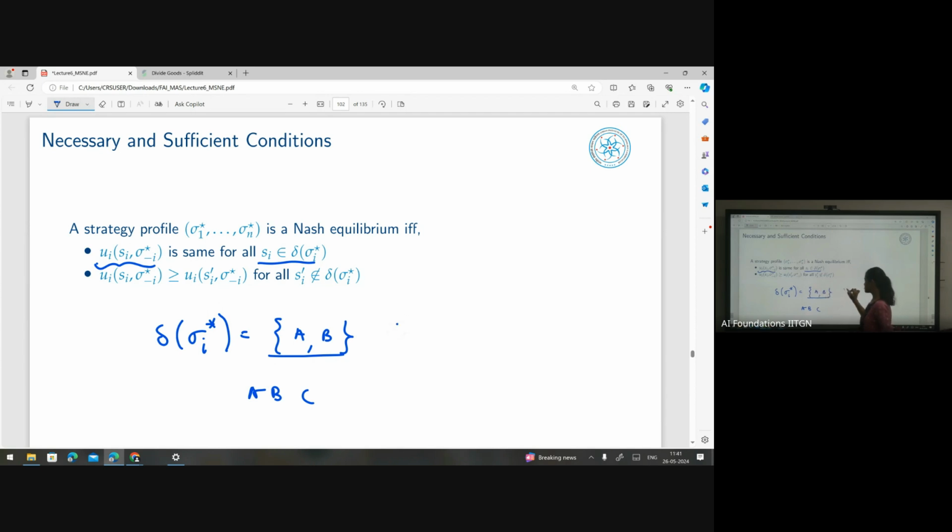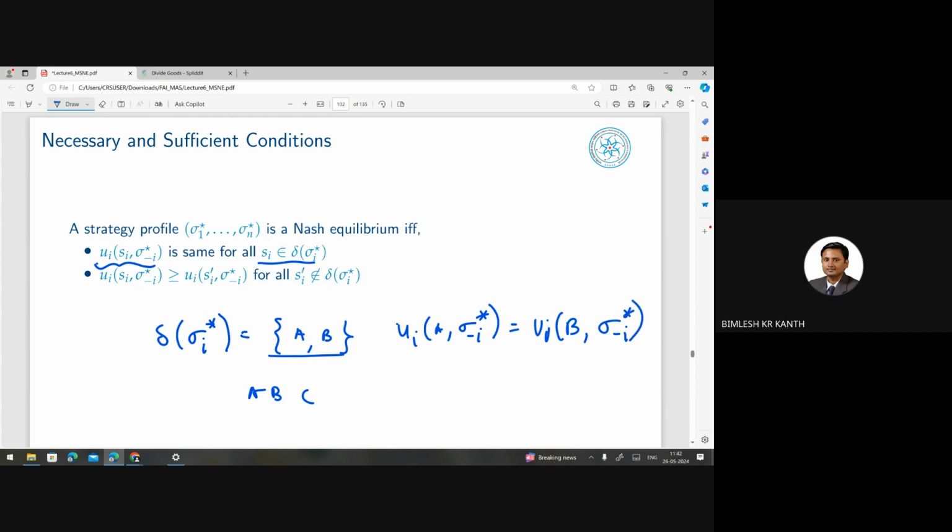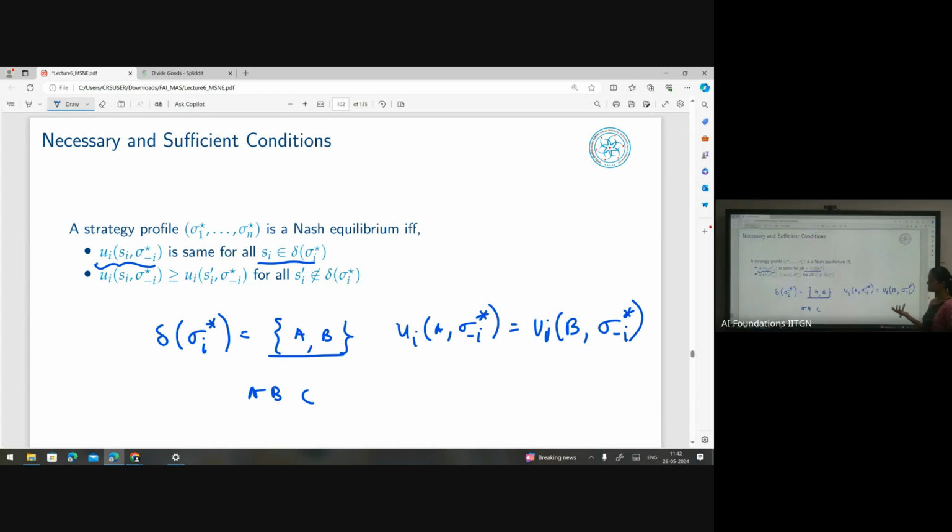That means the utility that I get when I play A, given that everybody else is playing sigma minus i star, is the same as the utility that I get when I play B, given that everybody else is playing sigma minus i star, even though their probabilities could be different. The fact that I'm indifferent is not dependent on my probabilities, it's dependent on the others' probabilities.